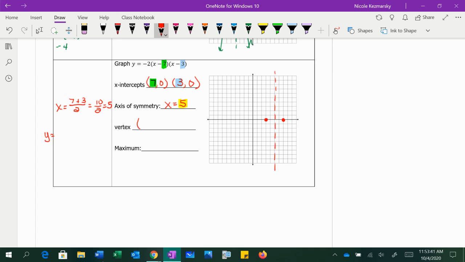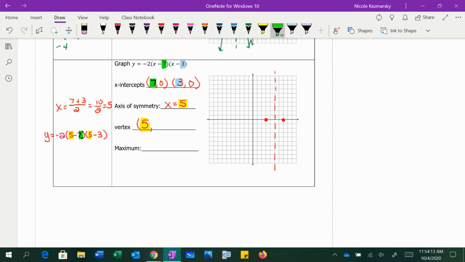Vertex has to have an x value of 5. That's where the axis of symmetry was. So that yellow number goes there. For the y value, I'm plugging into the function because the function says y equals. So I'm saying -2 times (5 minus 7) times (5 minus 3). So in this, the 5's came from the axis of symmetry.